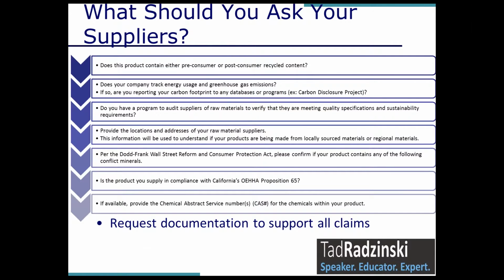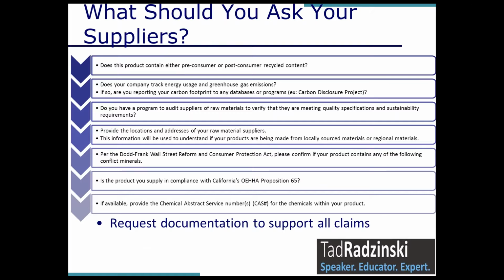So here's an example of some questions you could be asking your suppliers, and oftentimes, we're working on products and we're really trying to understand what are the sustainable attributes. And attributes are both single attributes and then there's multi-attributes. So by asking a broad range of questions, we can zero in and get a good feeling for what's happening with the single attributes of products, for example, recycle content.